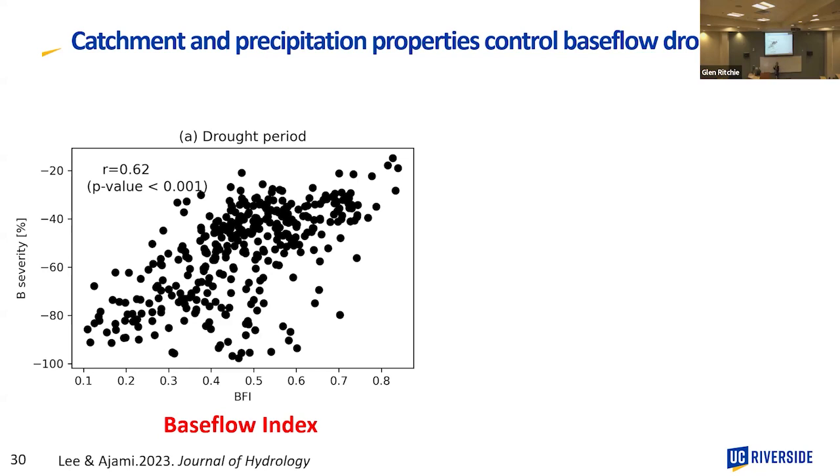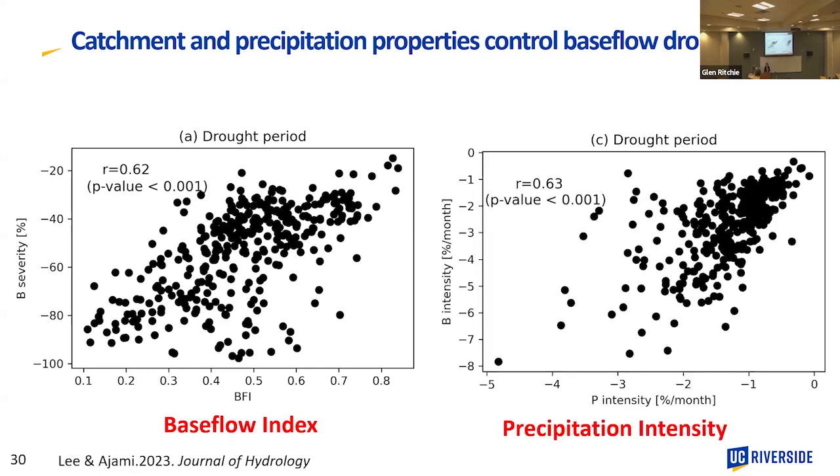So if a catchment is more dominated by groundwater, the severity of base flow drought is lower, which makes sense because the groundwater storage creates some sort of buffering capacity for the system. Also, the intensity of the base flow droughts is related to the intensity of the precipitation droughts. If you have a more severe precipitation drought, your base flow drought would be more severe as well.